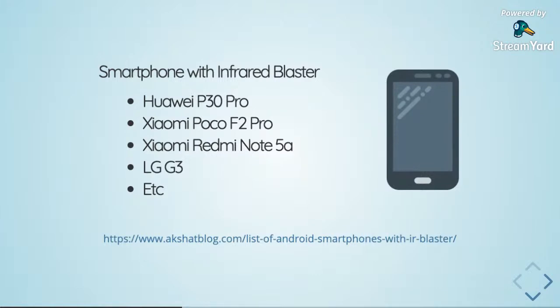For example, I have a Huawei, and a lot of Xiaomi devices, LG as well, and I think Samsung has some devices that support this feature too. The reason I use infrared is mainly because it is the simplest means of communication. I will explain later if there are other types of communication we can use, but we'll get to that later.